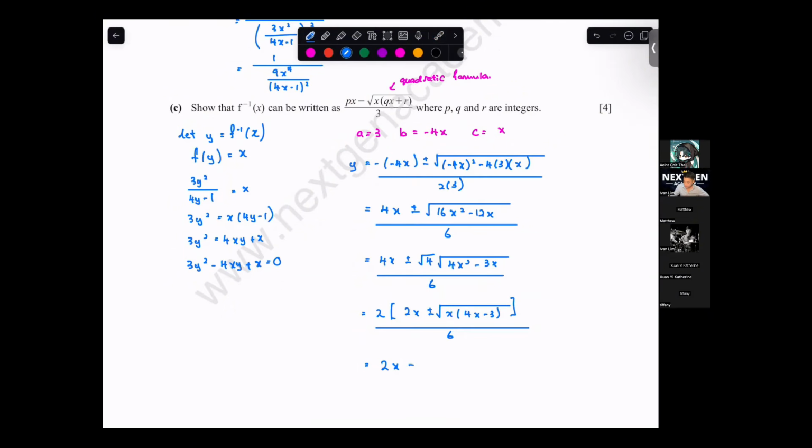So 2x minus the square root of x times 4x minus 3, over 3. Y is also equal to f inverse x. So this one I just write as f inverse x: 2x minus square root of 4x minus 3, over 3.